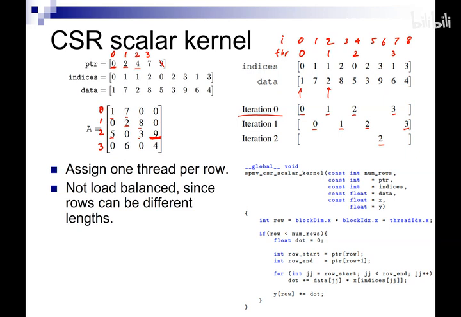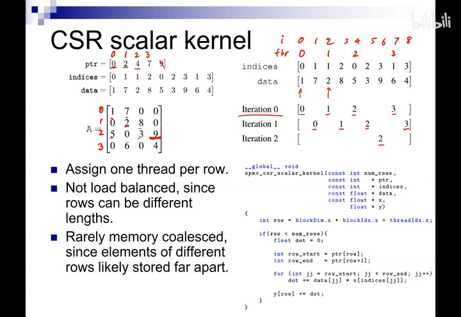You could have a bunch of unpopular websites that only connect to one other website, so they only have one non-zero in their row. Whereas you could also have very popular websites that connect to thousands and thousands of other websites. So there's a huge variance in the number of non-zeros in different rows, and that's going to cause a very large load imbalance if you use the CSR scalar kernel.